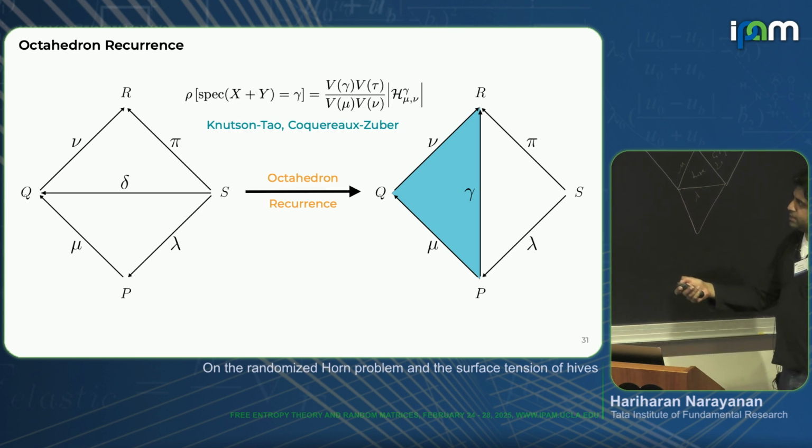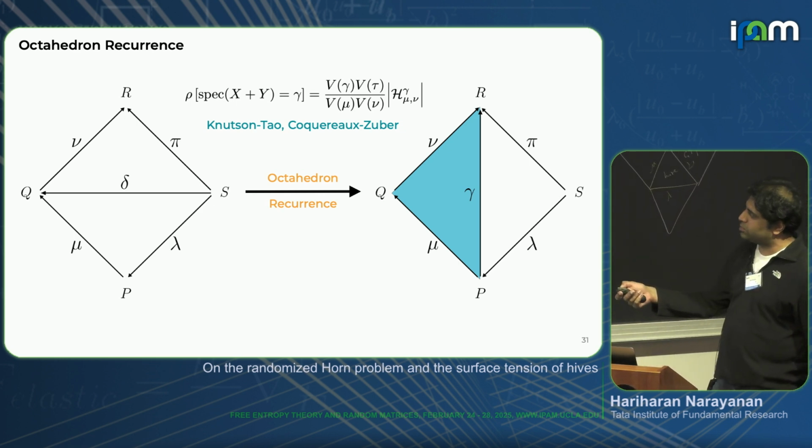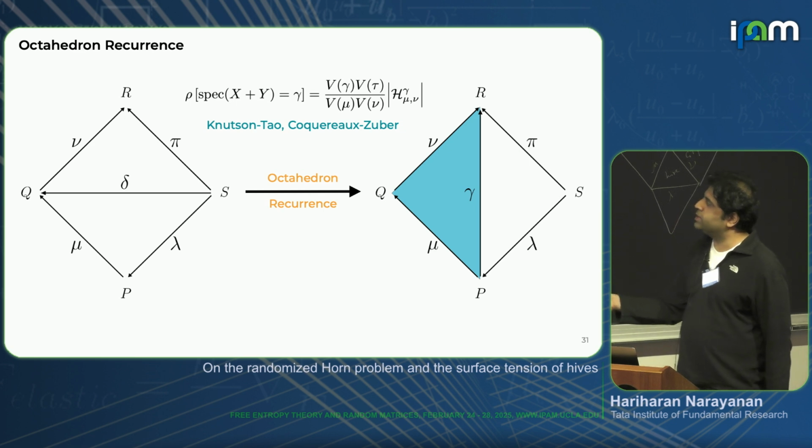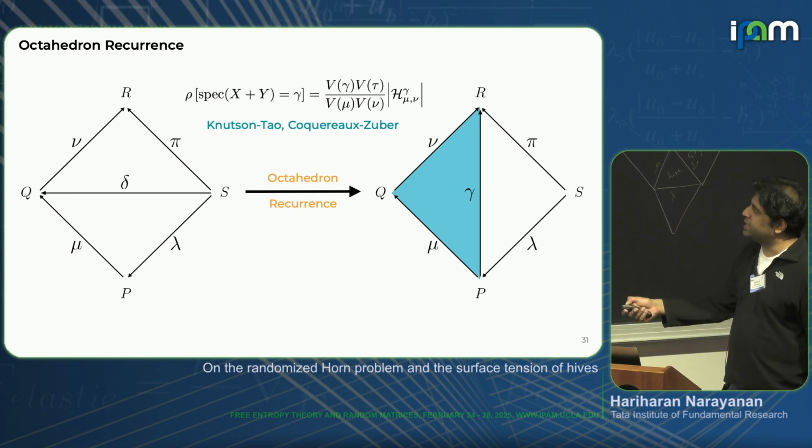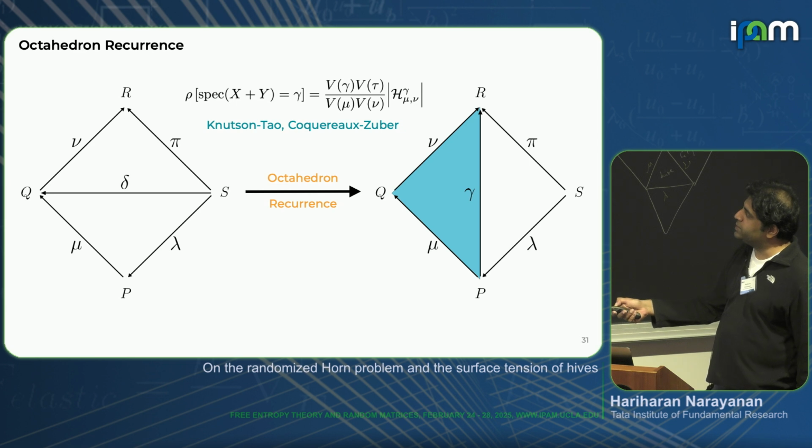So this relation, which was mentioned in an implicit or less explicit form by Knutson and Tao, and in a more explicit form by Coquereaux and Zuber, you notice that you have a V gamma factor over here. And as I mentioned, V gamma by V tau is precisely the volume of Gelfand-Tsetlin patterns with gamma on one side.